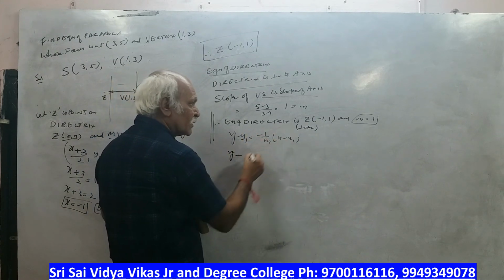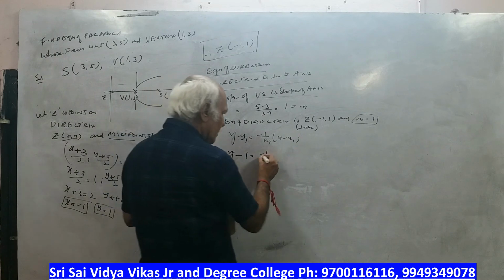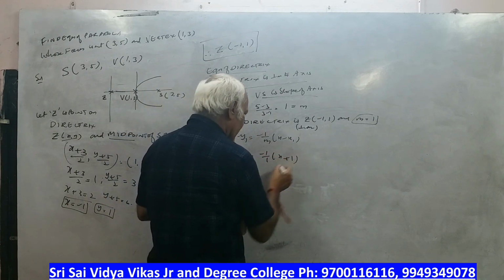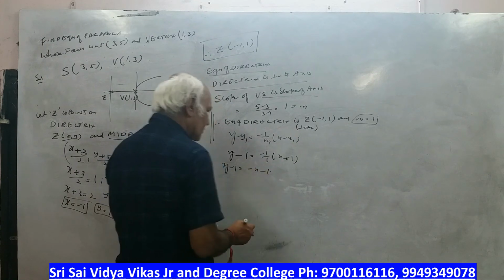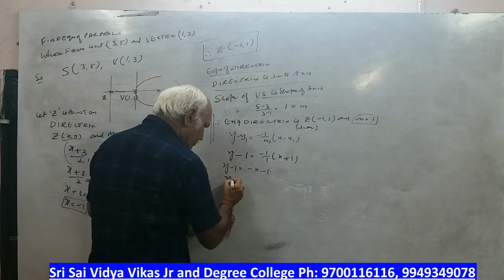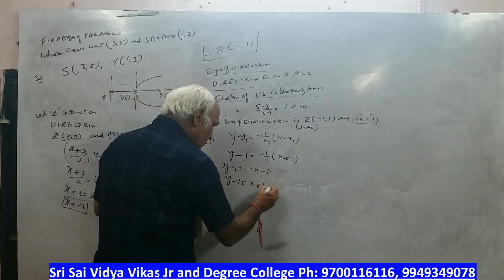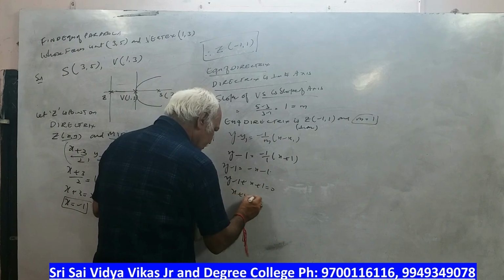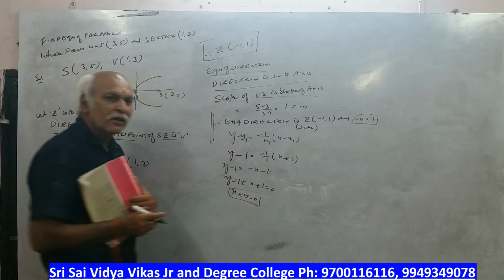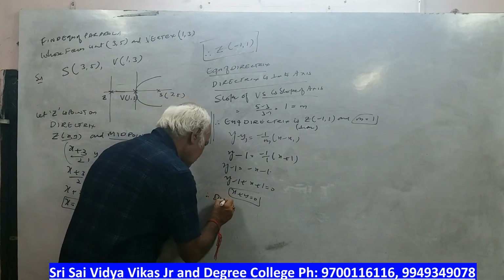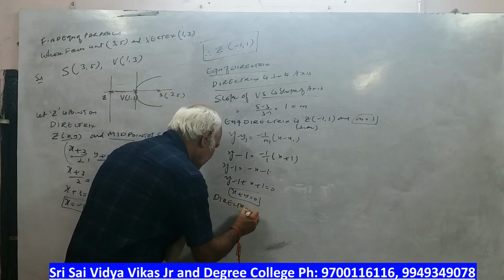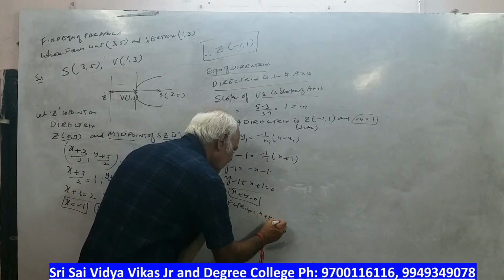So y minus 1 is equal to minus 1 by 1 into (x plus 1). Y minus 1 is equal to minus x minus 1. Bring the terms to this side: x plus y is equal to 0. Now we got the directrix equation. Therefore, the directrix is x plus y is equal to 0.